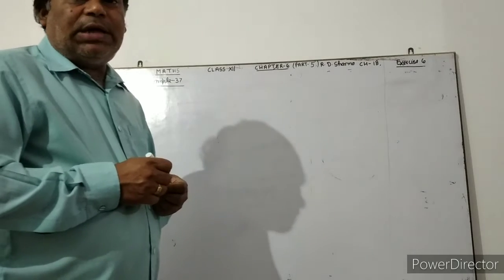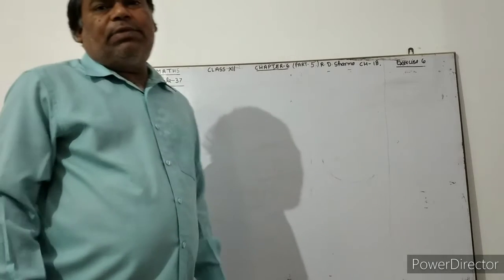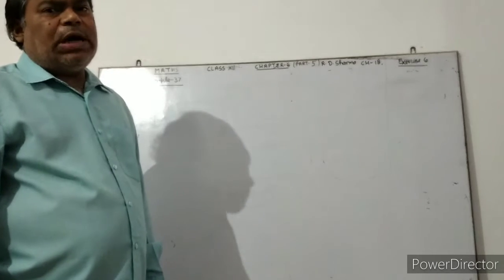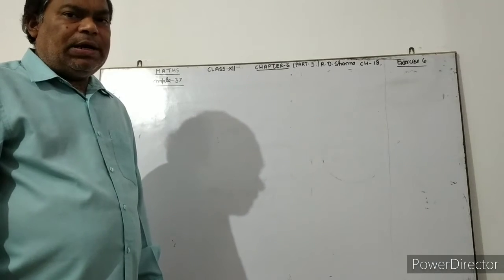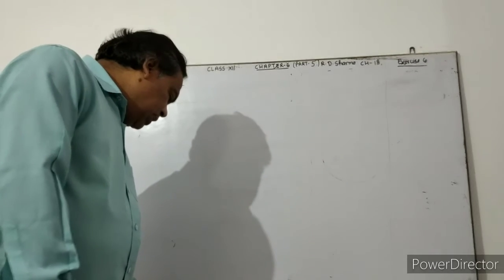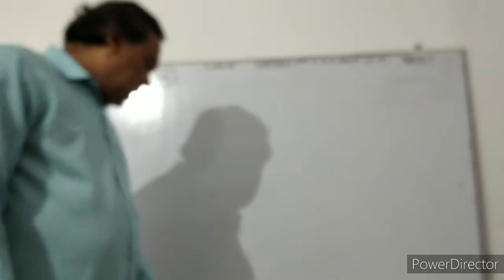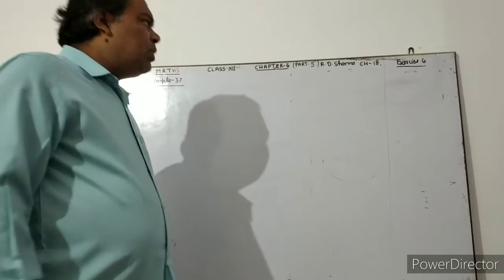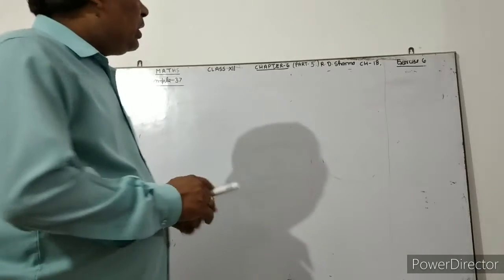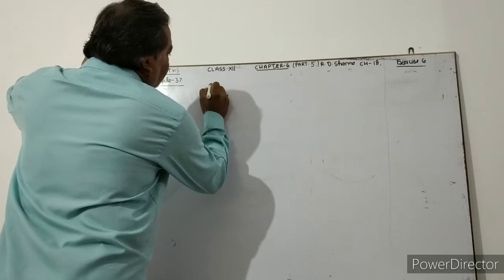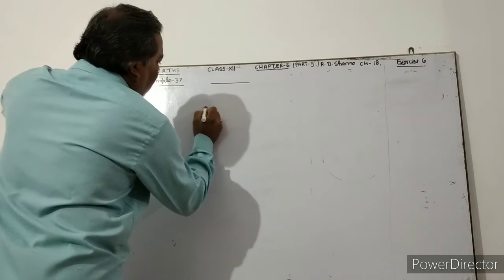Example 37 NCERT, it is given if the length of the three sides of the trapezium other than base is 10 centimeter. Find the area of the trapezium when it is the maximum. This is the question. This is the trapezium.